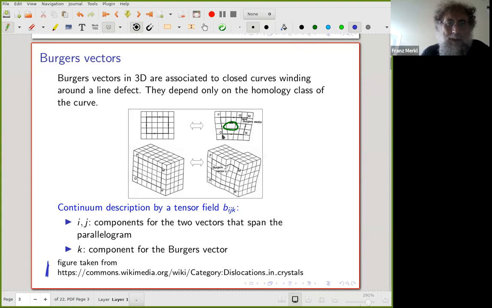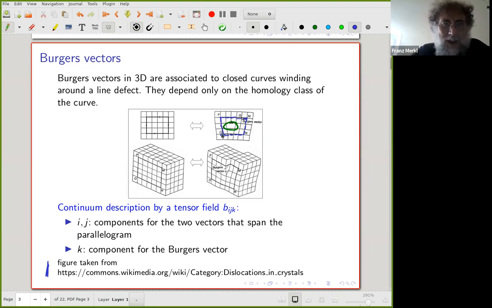So when you start, say, at the point Q here at the bottom, and then you go 1, 2, 3, 4 steps to the right, and then 1, 2, 3 steps upward, and then not 4, but 5 steps to the left, and then 3 downwards, you get a closed curve.